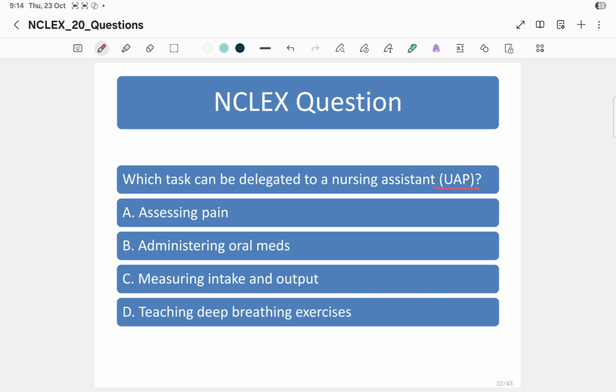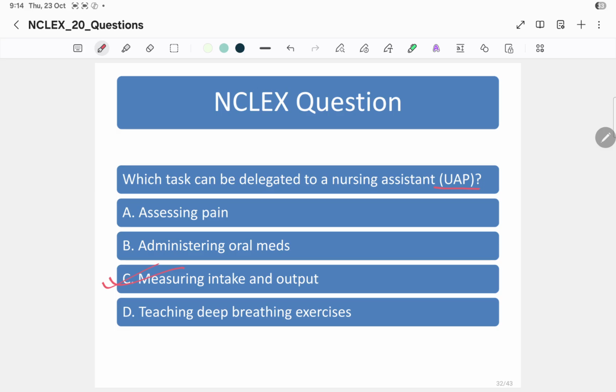So, unlicensed assistive personnel can assist the patient in activities of daily living like monitoring intake and output, basic care like ambulating, feeding, dressing, under the guidance of a registered nurse. So here the correct answer will be option C, measuring intake and output.